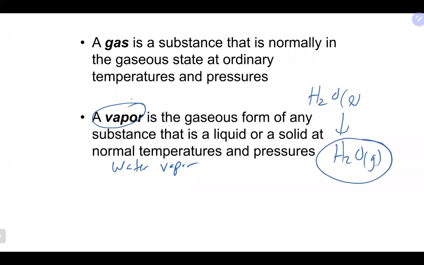That's why it's referred to as water vapor, not water gas, which sounds kind of funny. Again, something like H2, N2, CO2 are referred to as a gas because that is how they are normally found. Any questions on that there?